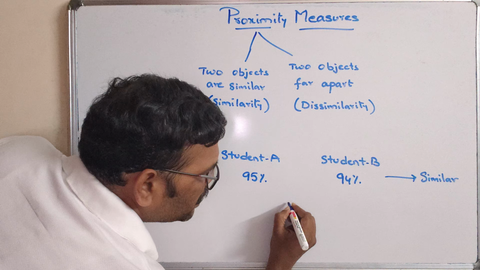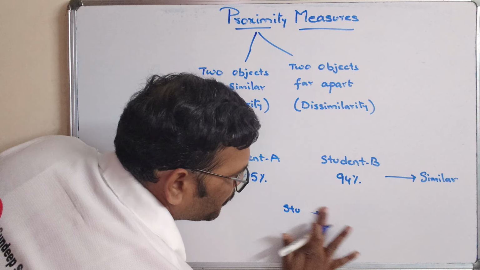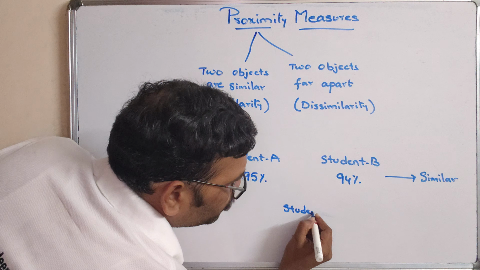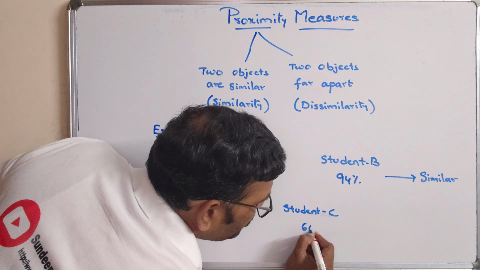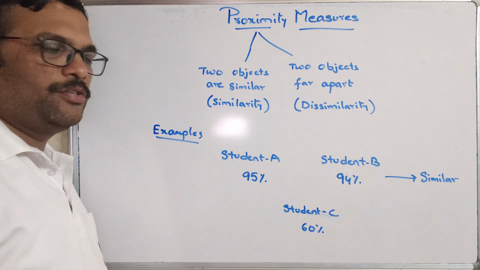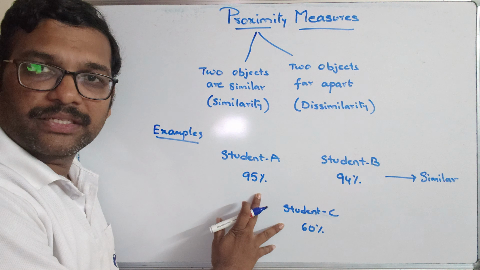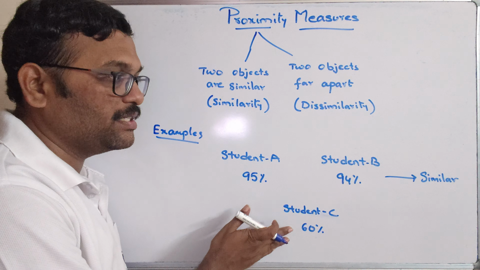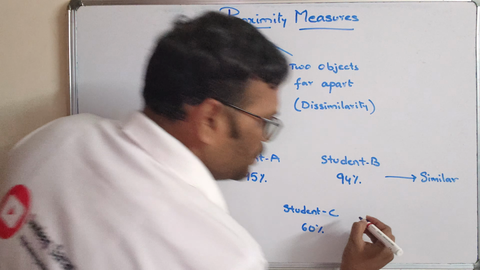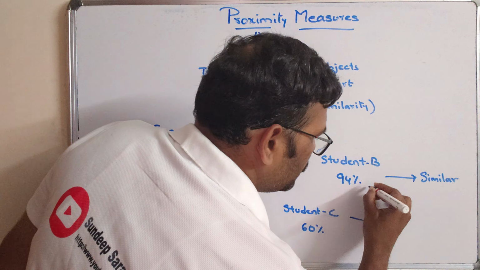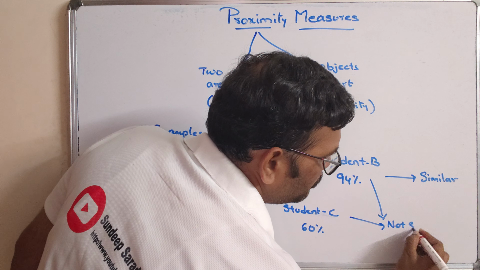Now, if you go with student C, the third student, student C got some 60 percentage. So you can clearly observe there is a lot of difference between these. Student A and student C, similarly student B and student C, are not similar.